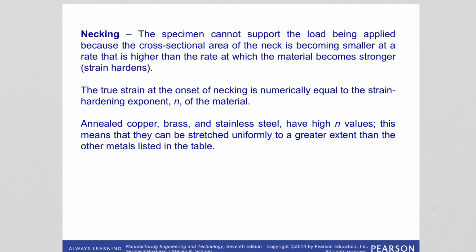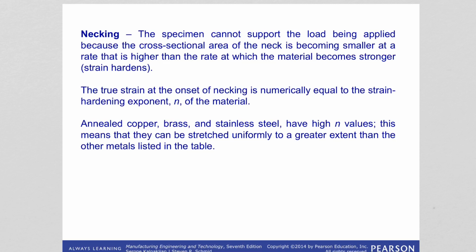So necking, why does necking occur? As we strain the material, we know that it gets stronger due to strain hardening, but the cross-sectional area is also becoming smaller, actually at a higher rate. We talked about necking, that necking actually starts at the ultimate tensile strength.